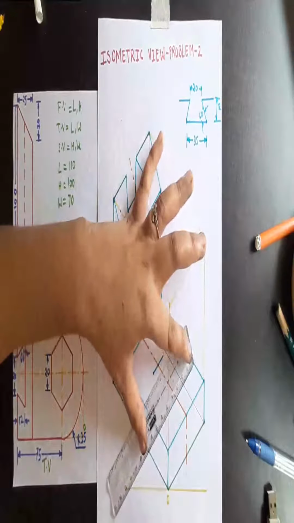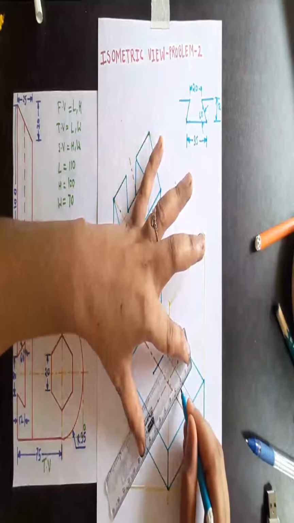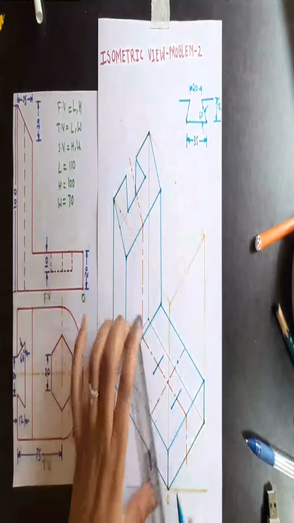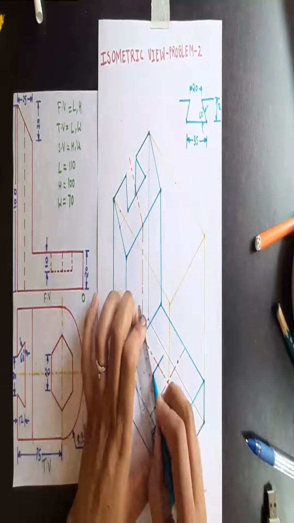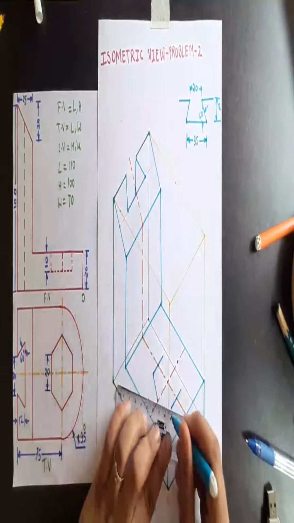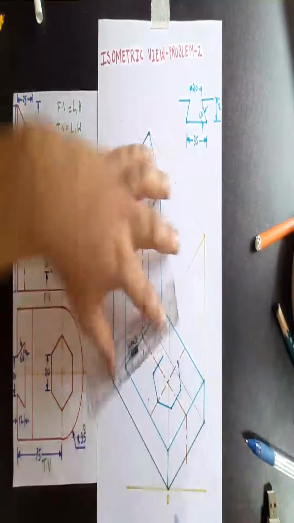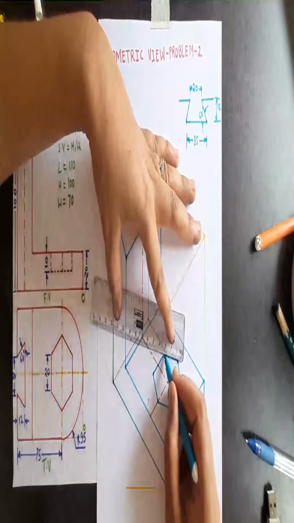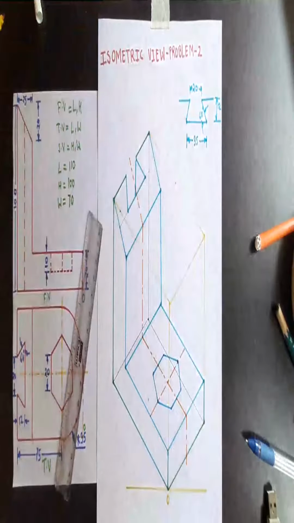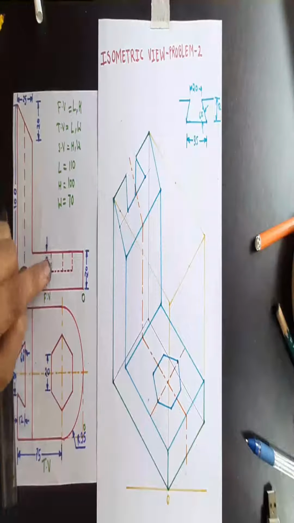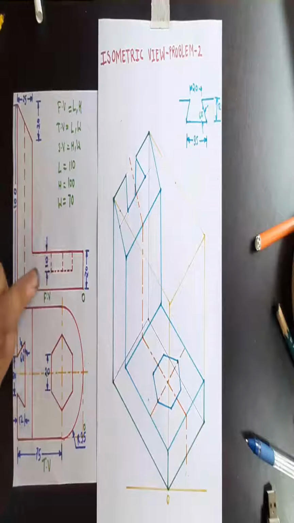Similarly here also, 10 mm on both the sides like this, and then simply join these points so that you will get the hexagon, like this.